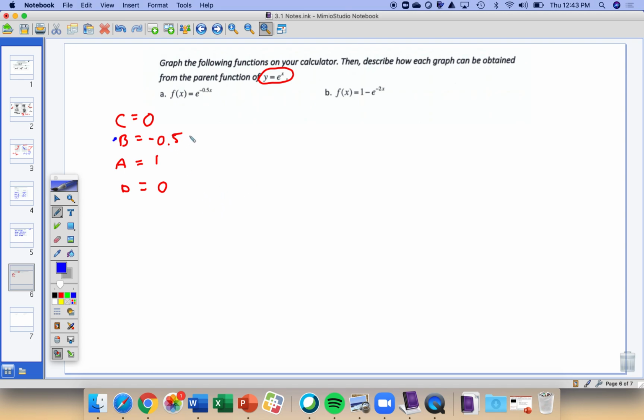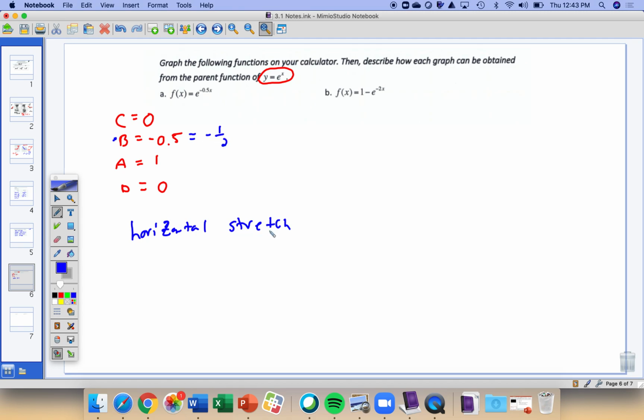Because B is less than 1, this is going to be a horizontal stretch by 0.5, or by 2 actually. The way that stretches work is this is really negative 1/2, right?